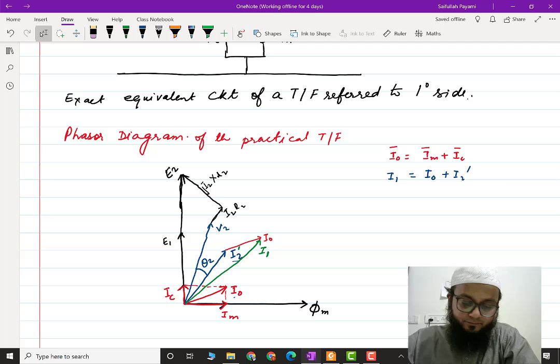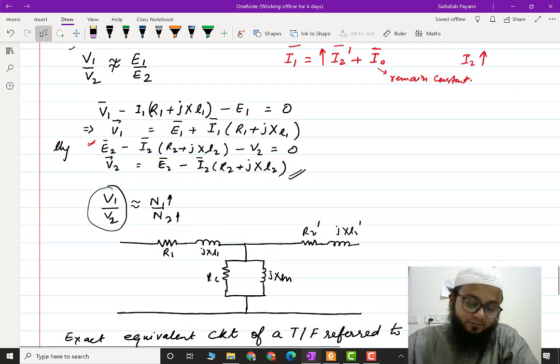Similarly you can draw for the E1 as well. E1 plus I1 R1 and J XL1 will give me V1.